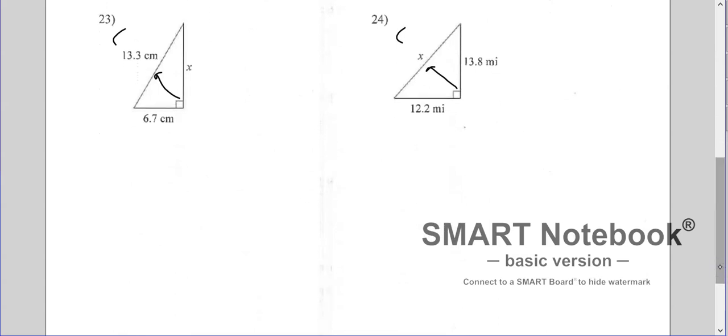So notice we have C. So this time I'm going to make this A. I'm going to put B. If you want to put X, it doesn't matter. And then 13.3 squared. So 6.7 squared is 44.89.